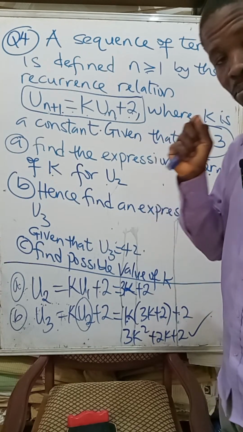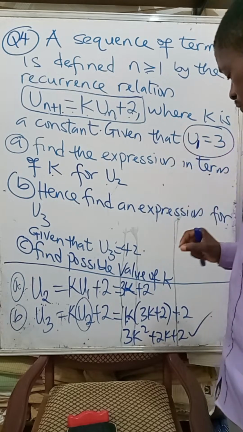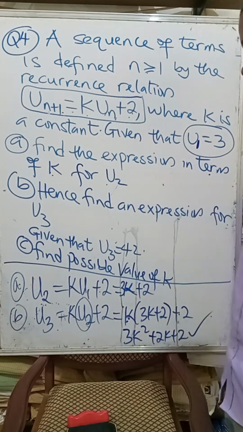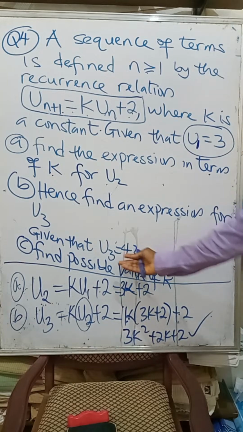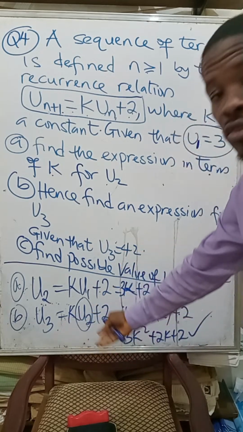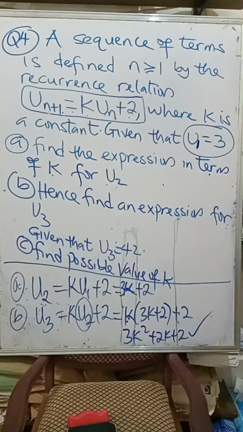Anytime your U3 has been given as 42, just go to where you have your U3 and put 42 there, and then you solve it.